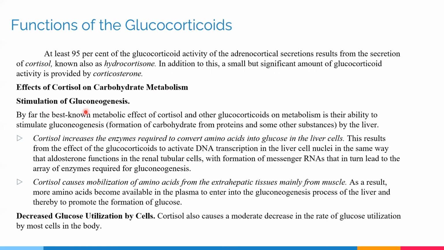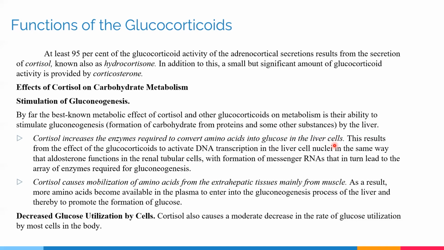Looking into stimulation of gluconeogenesis. By far, the best-known metabolic effect of cortisol and other glucocorticoids is their ability to stimulate gluconeogenesis, which is the formation of carbohydrate from proteins and some other substances by the liver. Cortisol increases the enzymes required to convert amino acids into glucose in the liver.